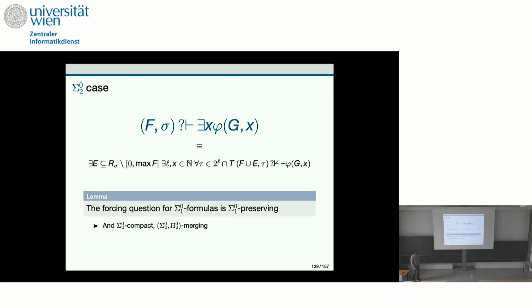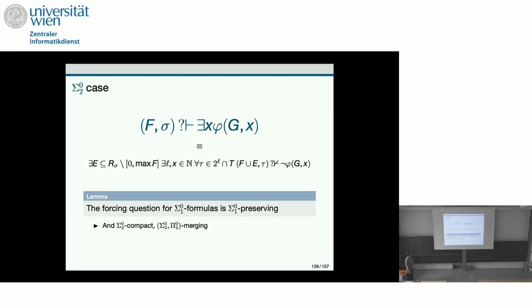So this is something which will force. Okay. Oh no, and inductively actually, because you have the negation, you have an extension of this. So this is a valid extension, and by induction, there exists an extension which forces phi of Gx.